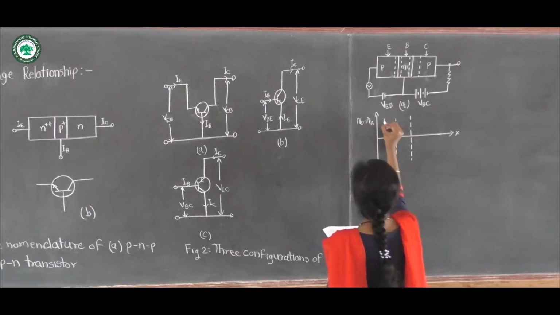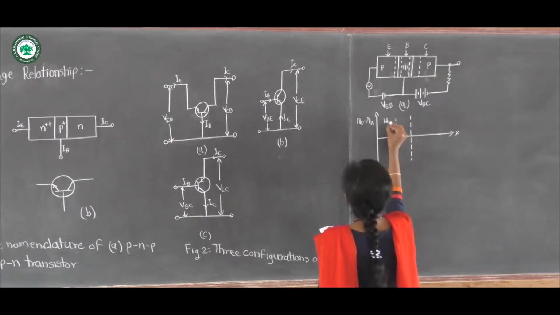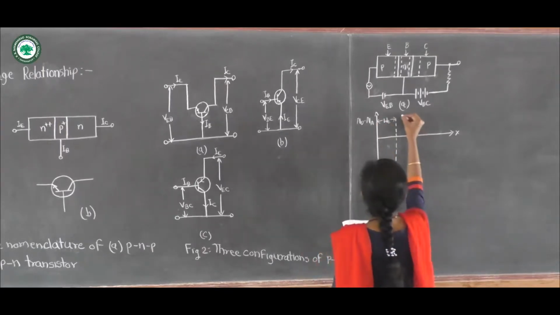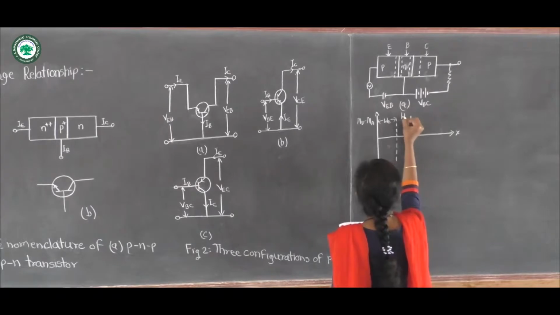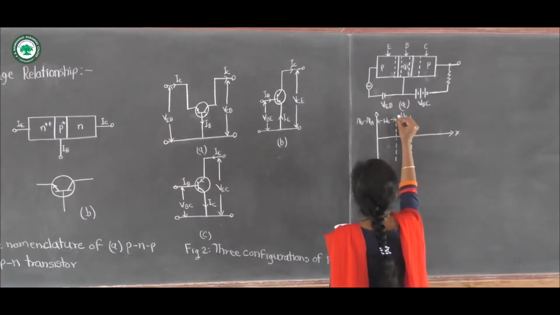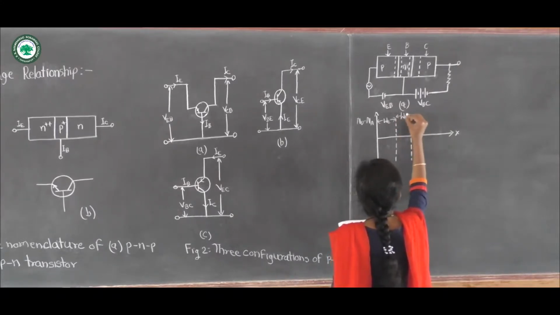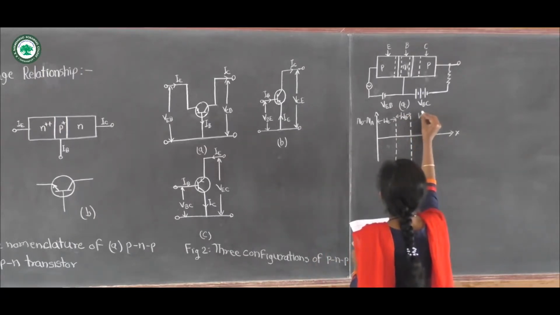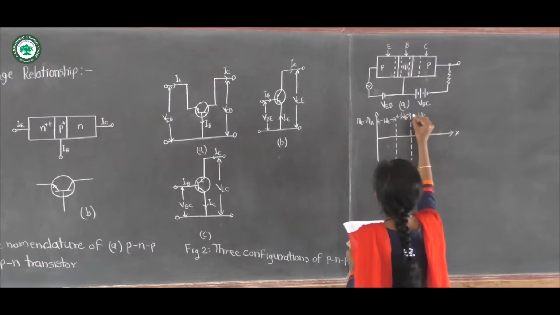This width is WE, that is the width of emitter. This width is WB, which is the width of base, and this is the width of collector, which is given by WC.